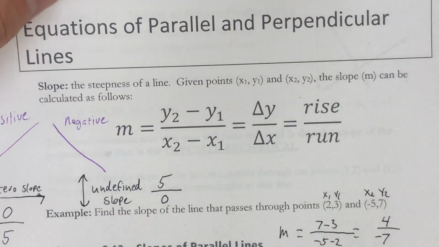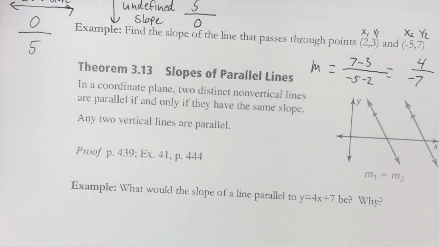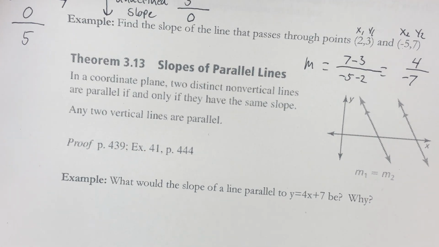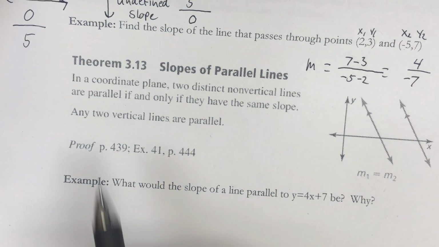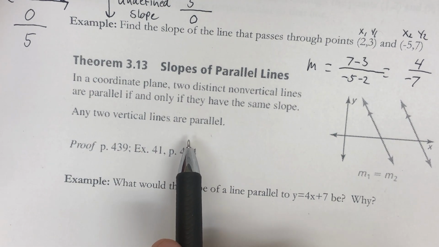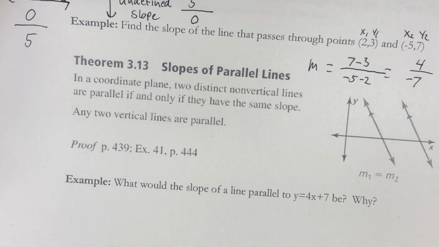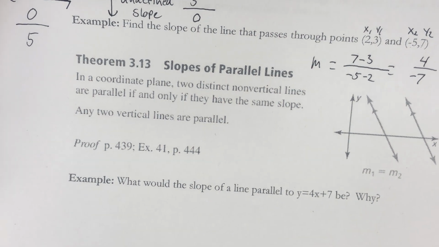All right, hopefully that's a good little review from last year. The slopes of parallel lines: parallel lines have equal slope. They have the same slope. Any two vertical lines would be parallel. And in the same manner, any two horizontal lines are also parallel.